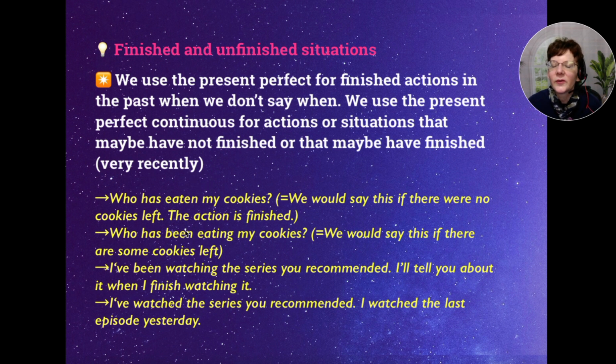So, for example, who has eaten my cookies? We would say this if there were no cookies left. The action here is finished. All right, and then this one here, who has been eating my cookies? We would say this if there are some cookies left still. So the action here is unfinished.